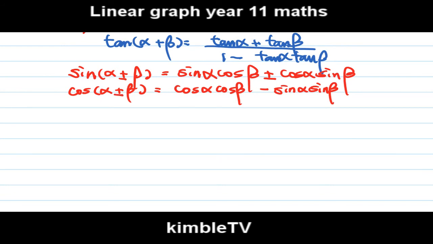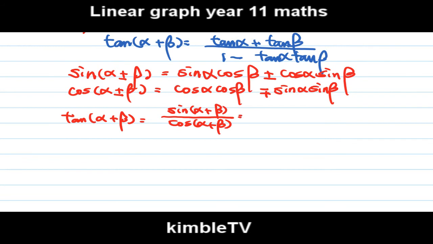In case of minus, this should be plus. And tan is the same as sine on cos. Therefore, sine of alpha plus beta on cos of alpha plus beta.